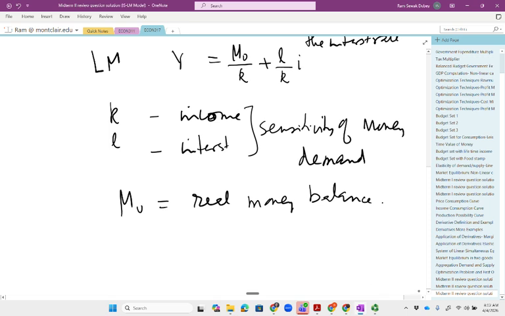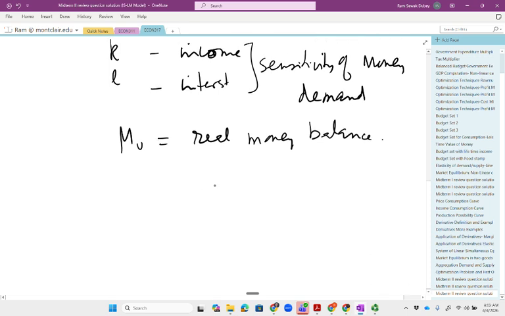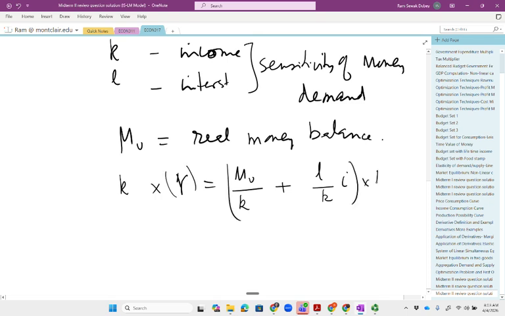In our case, we can also see this LM equation could be simplified by multiplying both sides by k. K is appearing in the denominator, so let me write down the LM equation, m0 over k plus L over k times i, and I multiply both sides by k. So now I have k times y on the left hand side, m0 over k times k is m0, plus L over k times k is L times i.